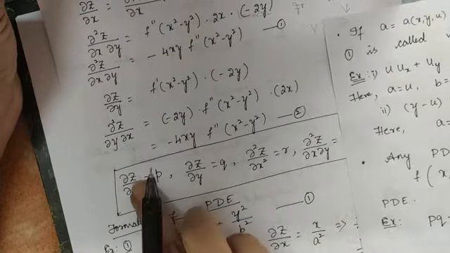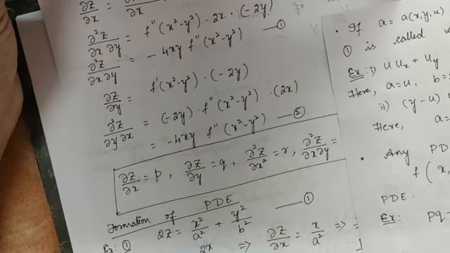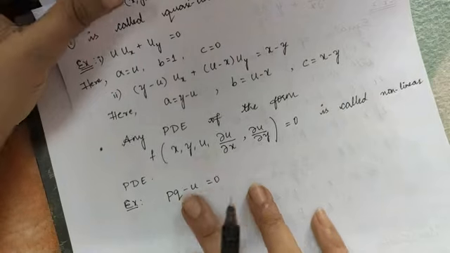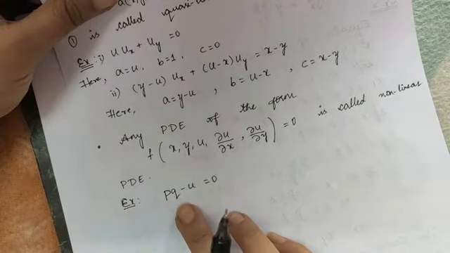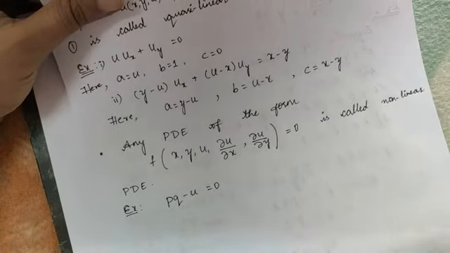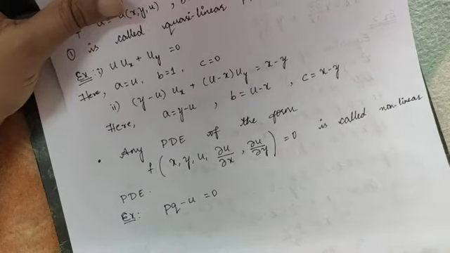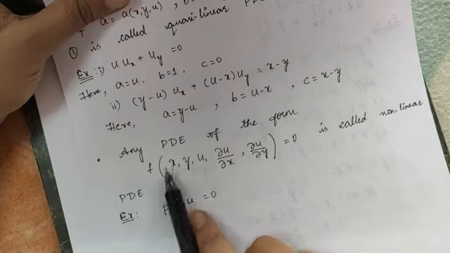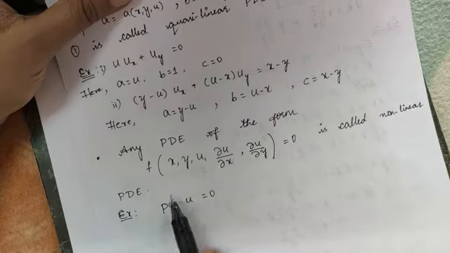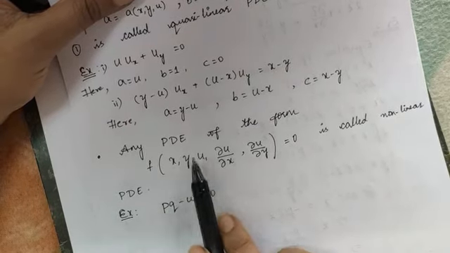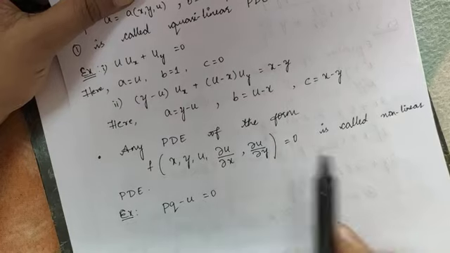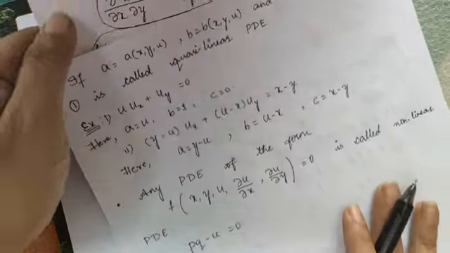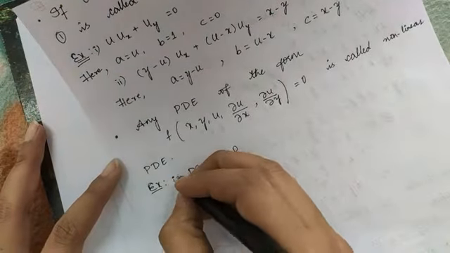So your p will be ∂u/∂x, right? And q will be ∂u/∂y. Now, ∂u/∂x and ∂u/∂y exist means there exist x and y also, right? pq exists if and only if x and y exist. So this function consists of x, y, u, ∂u/∂x and ∂u/∂y. So this is an example for a non-linear partial differential equation.